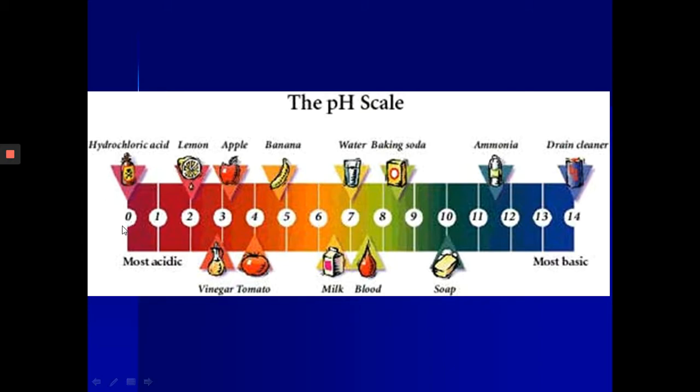And it's possible to have negative pH levels too. Really concentrated hydrochloric acid is going to have a negative pH. And it goes all the way up to drain cleaner, which has a very high pH level because it's very basic. And as you can tell, water is at pH 7, which is neutral.